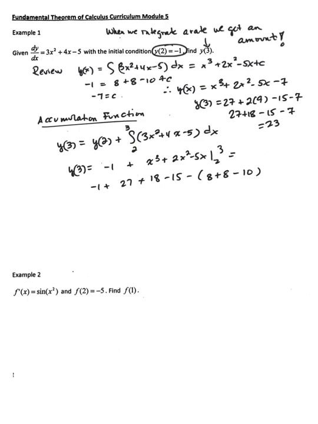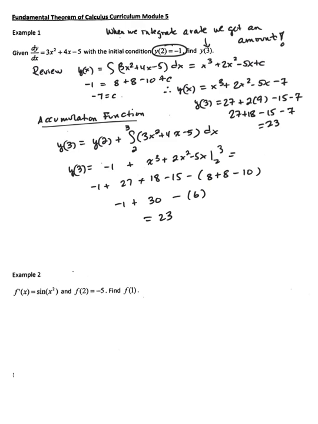Okay, so that gives us -1 plus 30 minus 6. And that ends up being 23. So this is the way we're going to be doing these problems, using an accumulation function. So let's look at example 2.